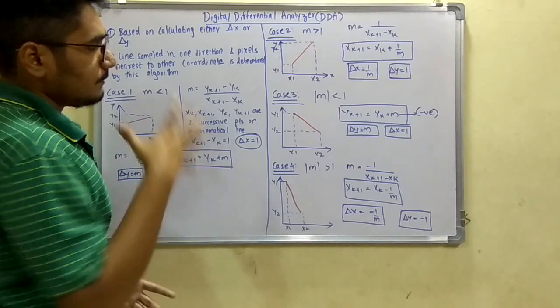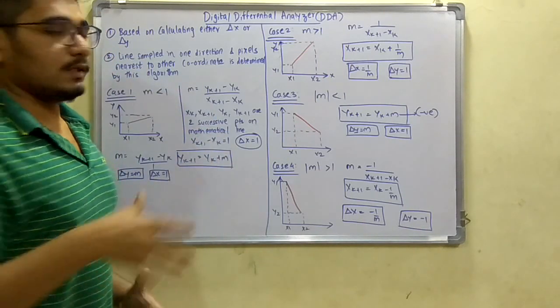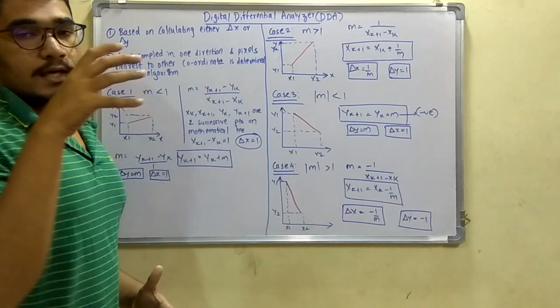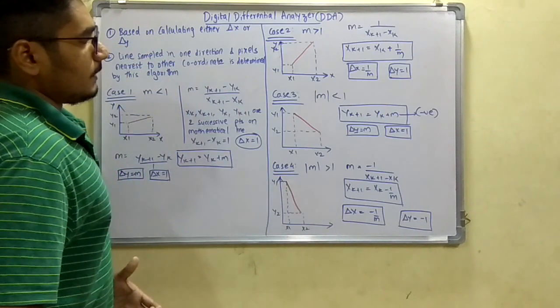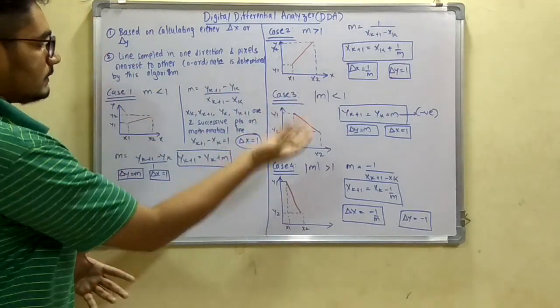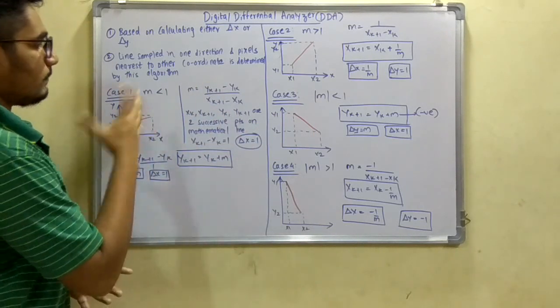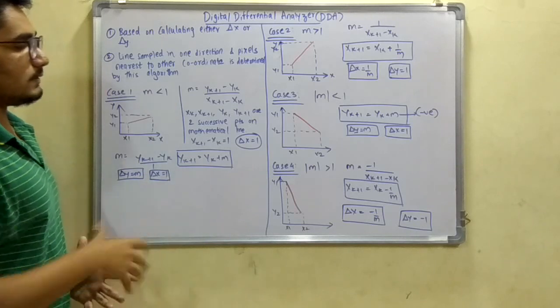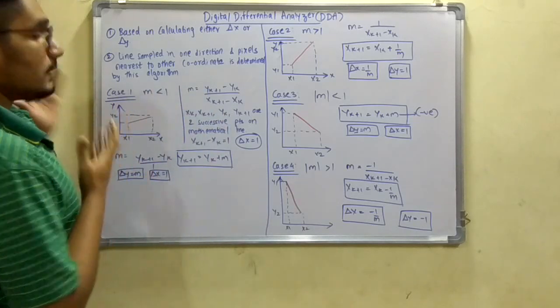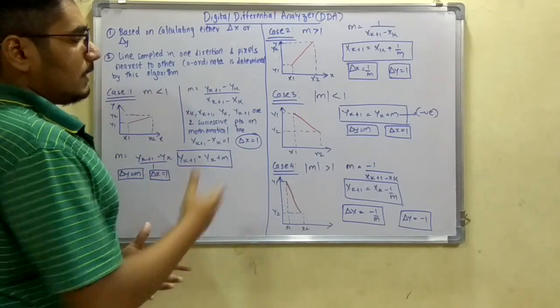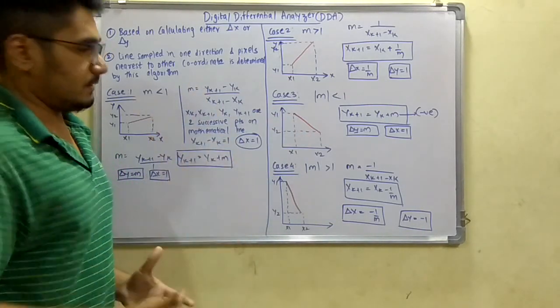Now case 3, we are moving on to the modulus, that is the mod operator, where mod m is less than 1. You can compare this case, that is case 1, and case 3. Basically there is no difference in this, just a modulus sign. But the graph actually differs. This is the graph for mod m less than 1.